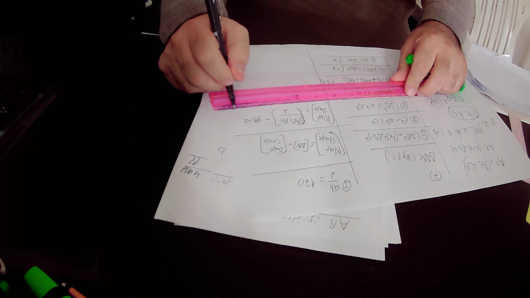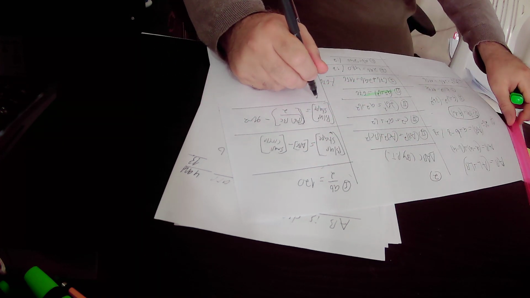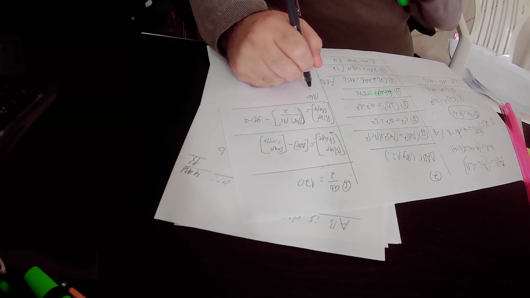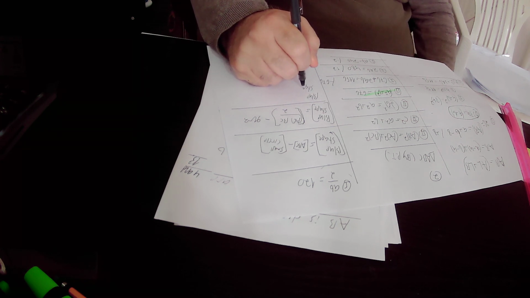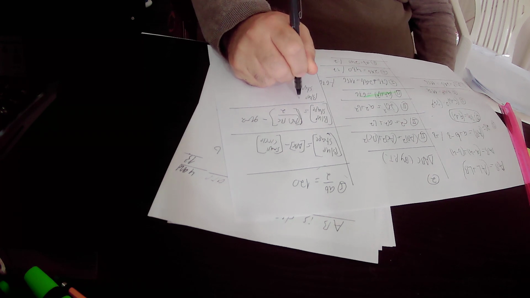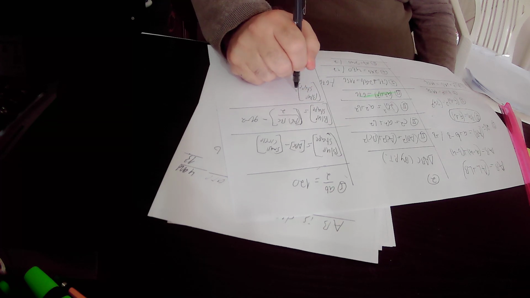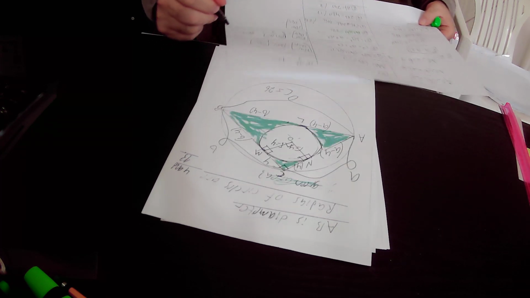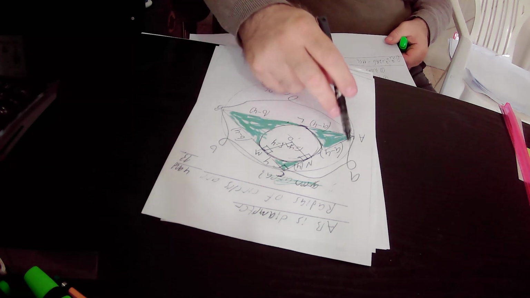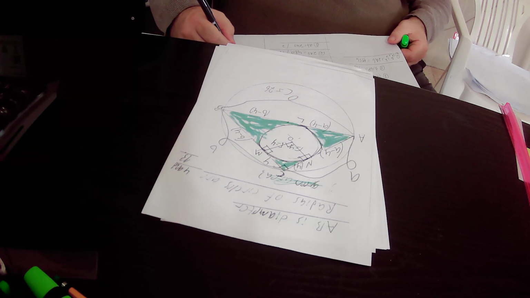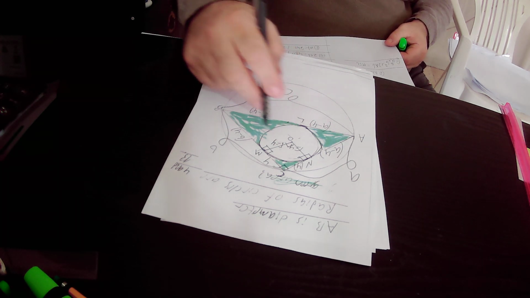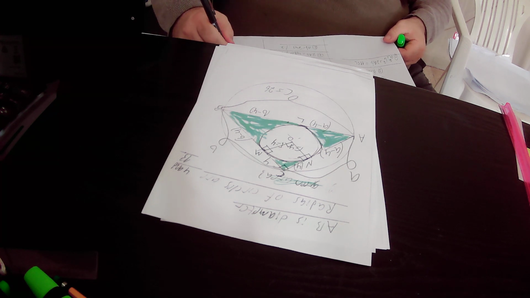So the area of the blue shape equals AC is A according to our definition, BC is B over 2.